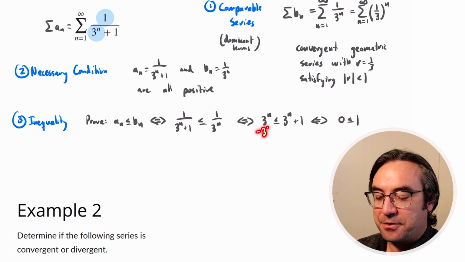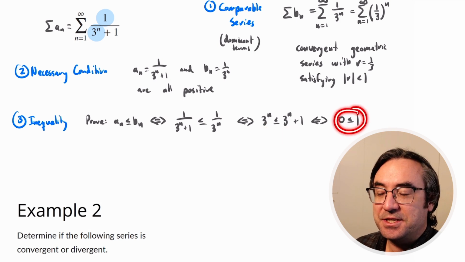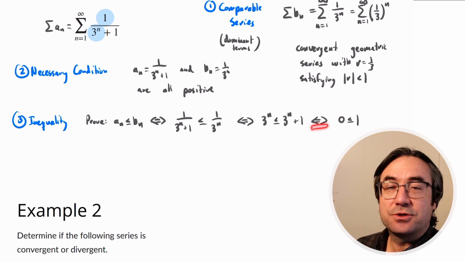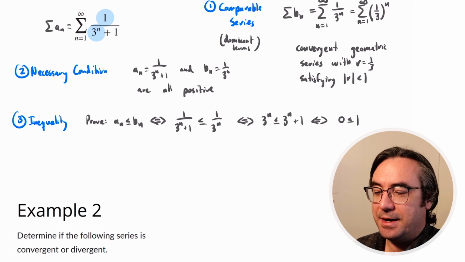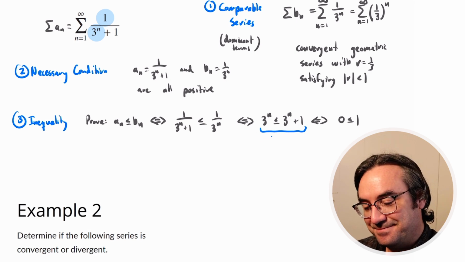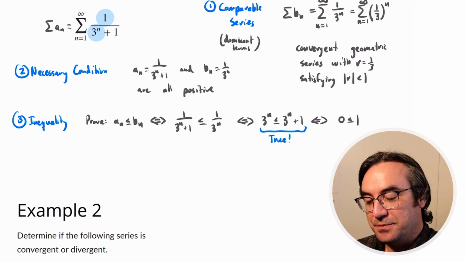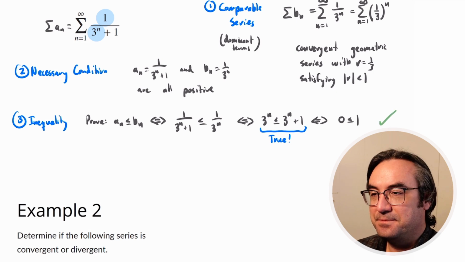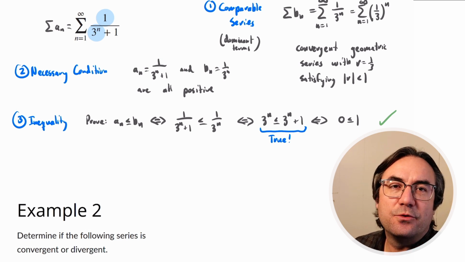So since this is true, by this logical equivalence, this statement must be true, which means this one must be true, which proves the inequality that we wanted. I'll say here is a perfectly fine stopping point. So this proves it.